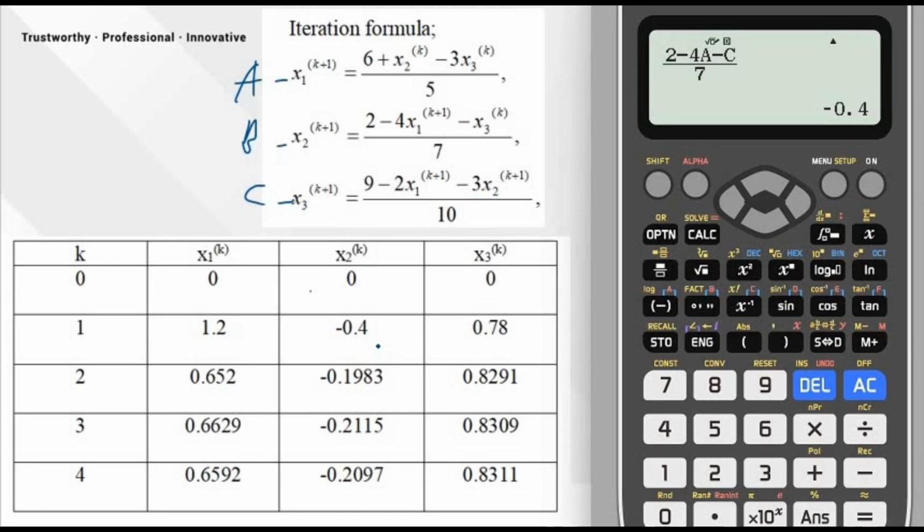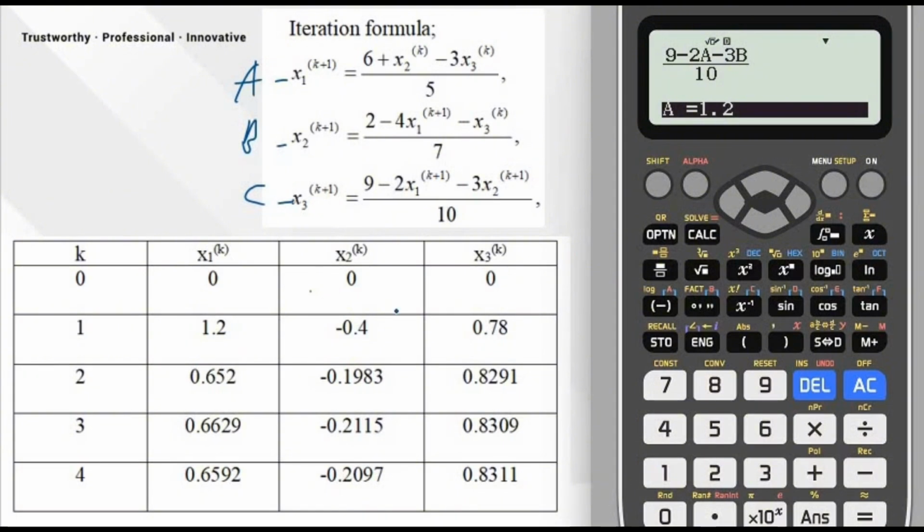It's clear, right? Then we use another formula for C, the last one. We insert 9 minus 2 x1, which is alpha A, minus 3 x2, which is alpha B, divide by 10. Then the CALC button.